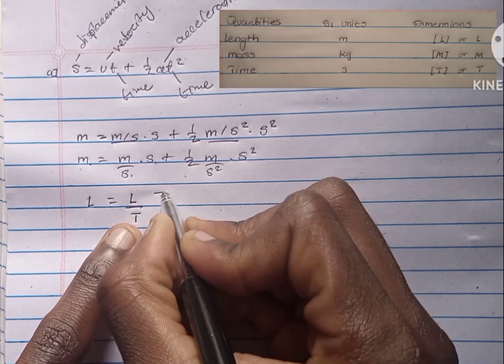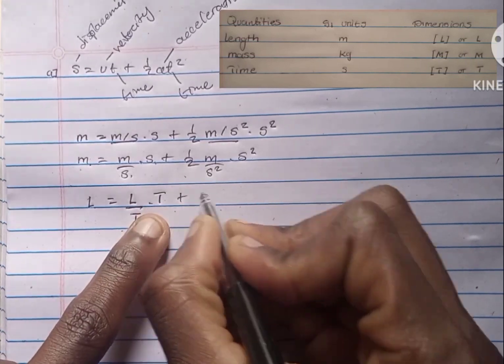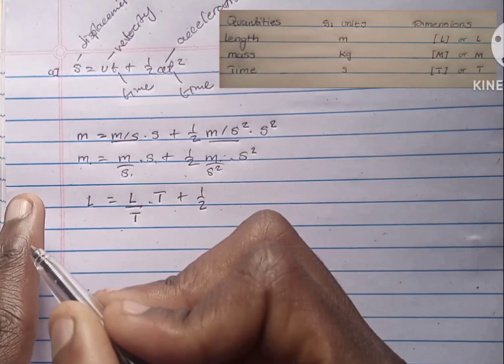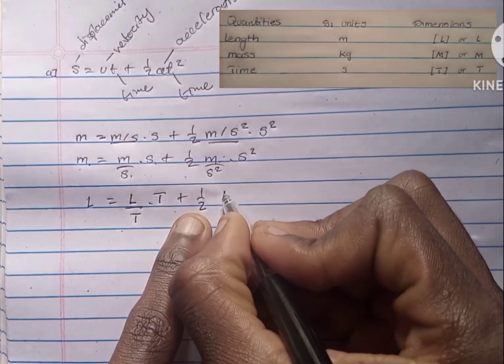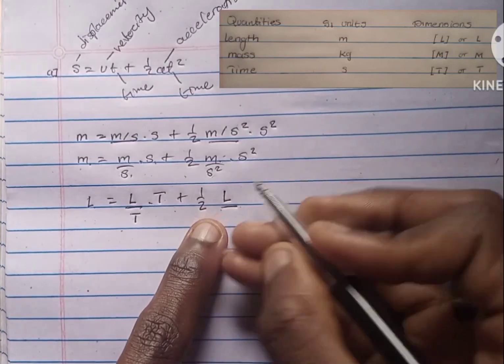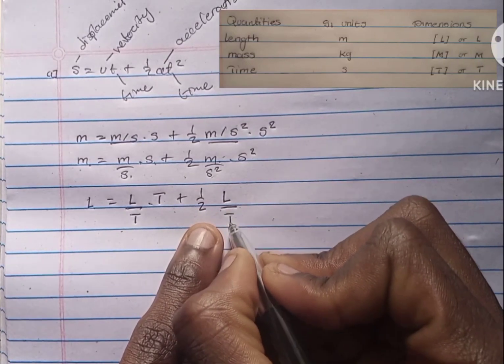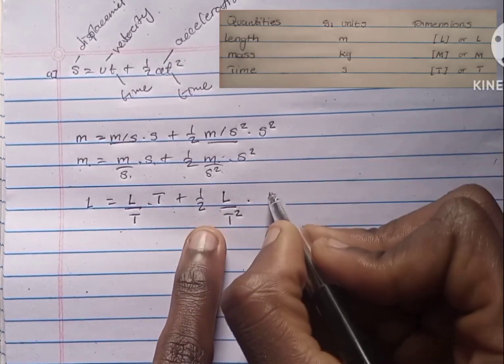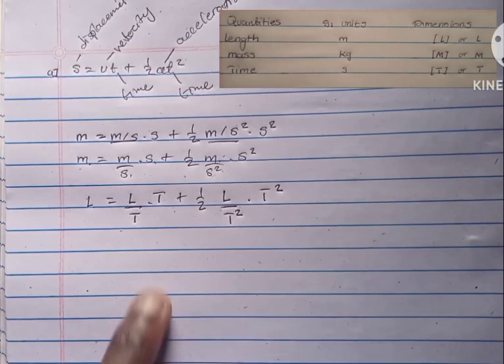For this s, we're also going to write T, plus 1 over 2. Meter is the SI unit for length, and length has the dimension L, over second for time, and time has the dimension T. Since second is squared, T is also going to be squared. Same applies here. We're going to have T squared.